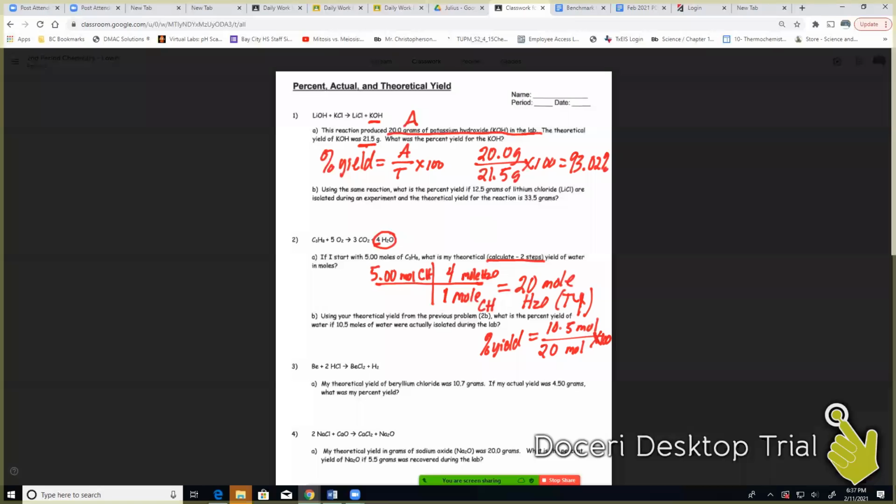So 10.5 divided by 20 and multiply by 100, I get 52.5%.